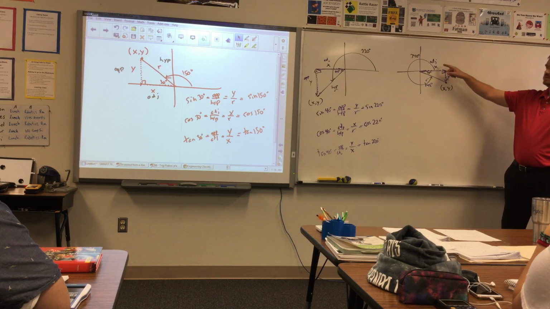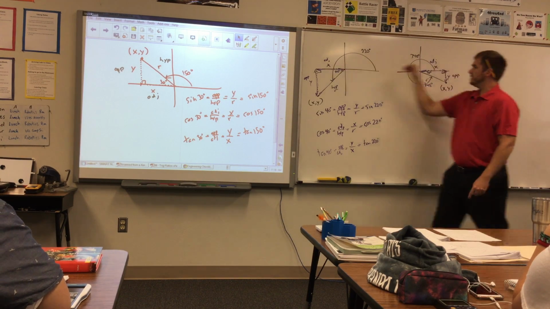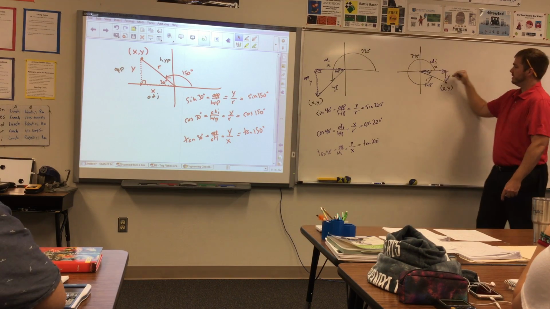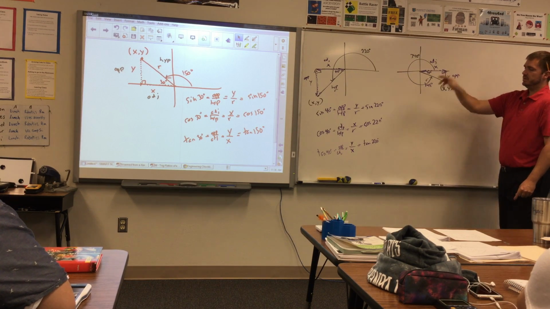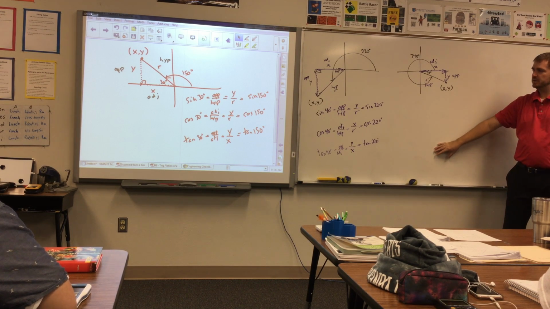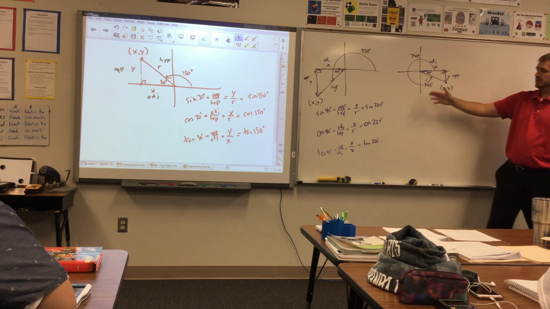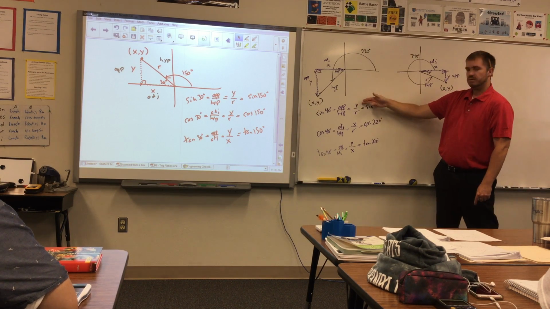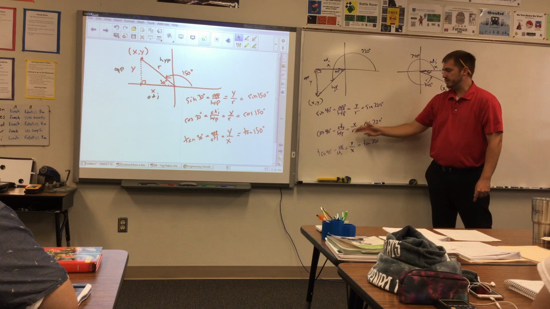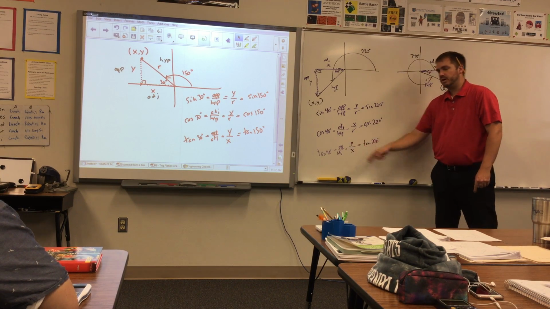Well, that's really nice because this is matching the exact same situation that I had here, where the x is the adjacent, and the y is the opposite. Are you okay without writing all this stuff down all over again? Okay? But y'all can see that it's a match. That means that opposite over hypotenuse is still going to be y over r. Adjacent over hypotenuse is going to be x over r. Tangent is opposite over adjacent. It's going to be the y over the x.